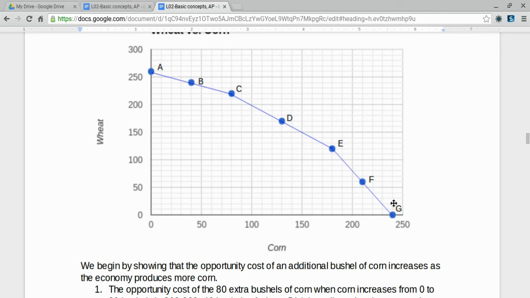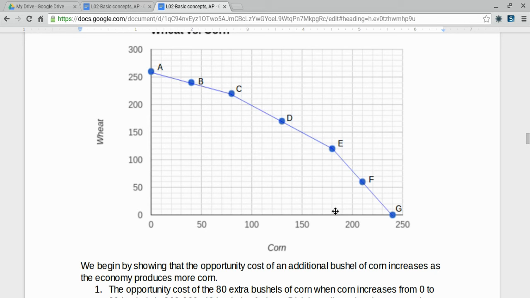And finally, what happens when the corn goes from 180 up to 240? We're getting 60 more bushels of corn, but to do that, wheat has got to go from 120 down to 0. So we're losing 120 bushels of wheat.